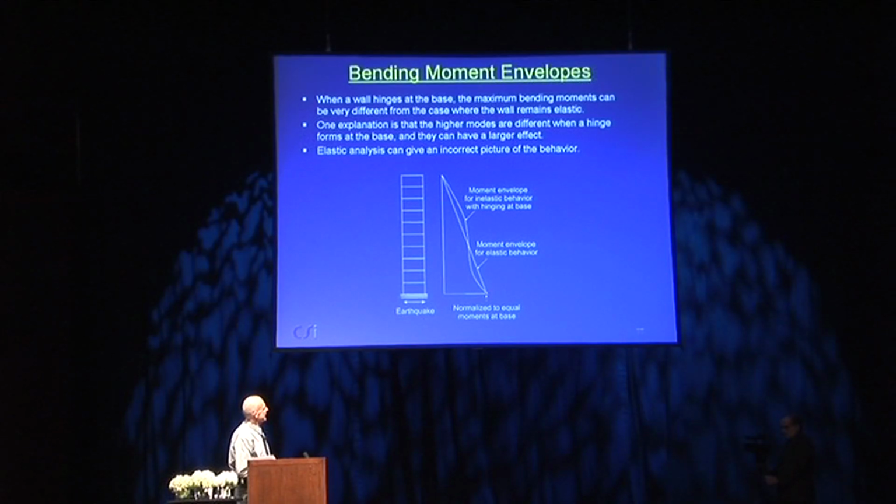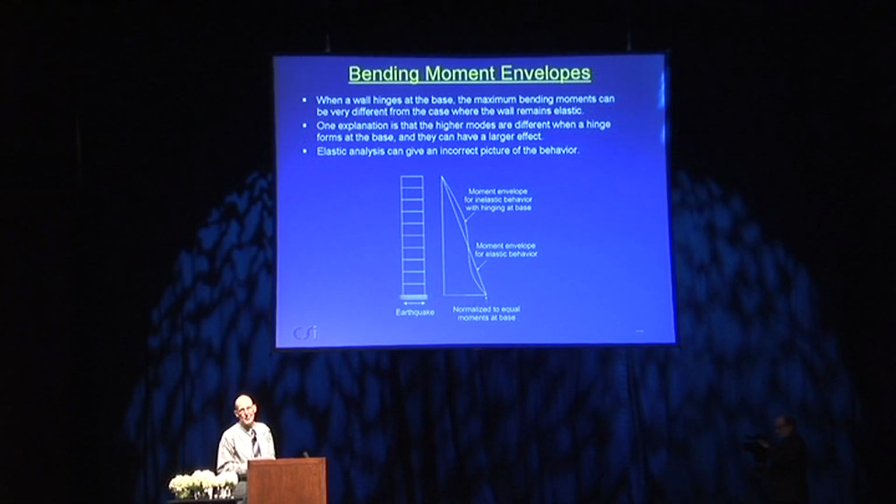Now, elastic analysis and inelastic analysis would not give the same bending moments at the base, but just suppose you normalize them to be the same at the base for this purpose. The moment envelope for elastic behavior for a wall like this is likely to be roughly straight, including higher mode effects.